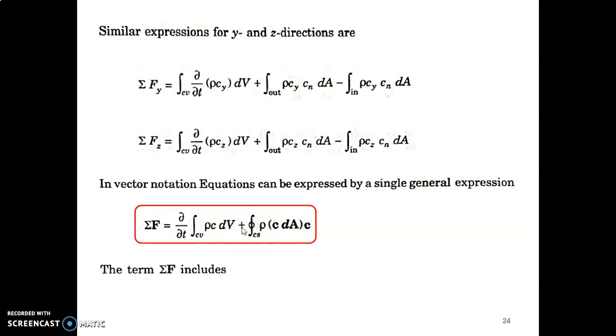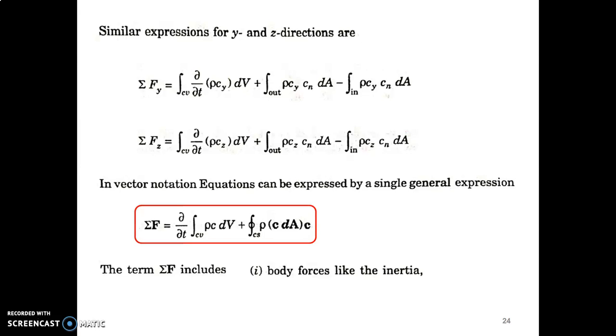Now this is considered the final form of the vector notation. We can also change this equation to a simplified form which can be used for problem solving and analysis.